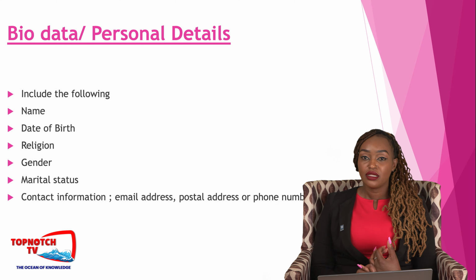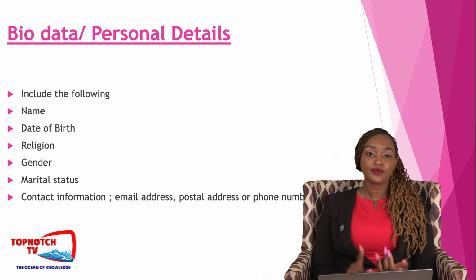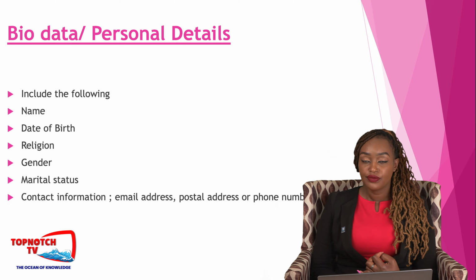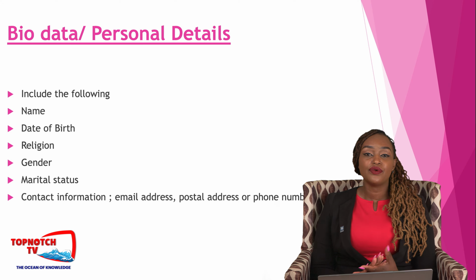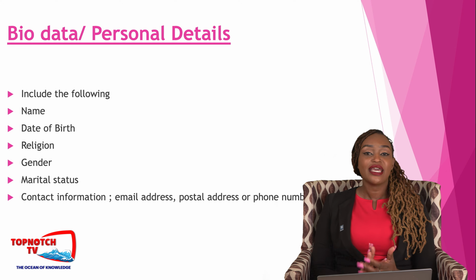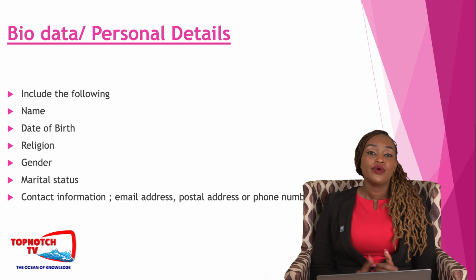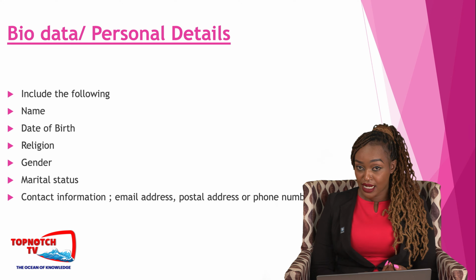When you write the contact details, you can choose. You can either have your email address. Nowadays, the easiest way to get any information is via an email, and it's a very official way of communication. So when you give contact details, you can give your email address.